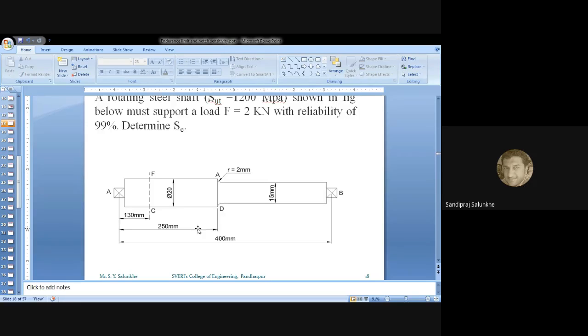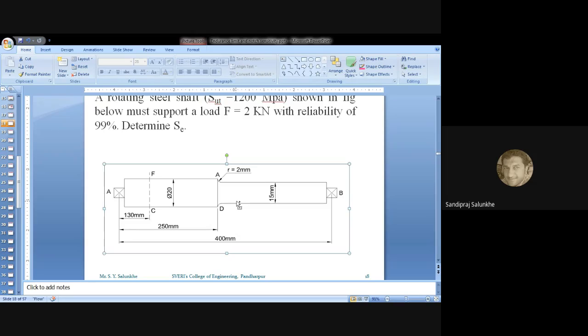The point C, where the force F is applied, is 130 millimeter from the support bearing A. Then the step is at 250 millimeter from support A, and the total length of the shaft is 400 millimeter. I'll copy this diagram as and when required and paste it where the calculations are required.